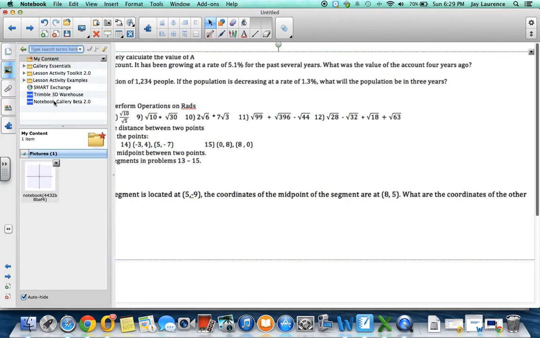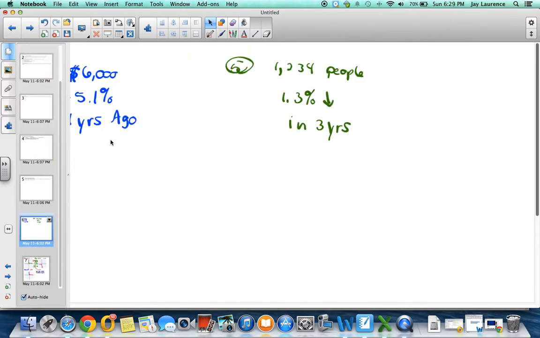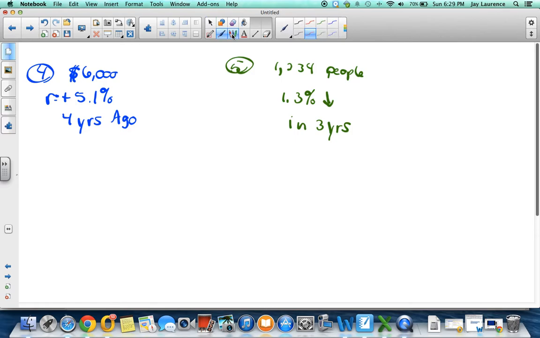Well, I have this problem set up for us. If I can just find it. There it is. So, problem number 4. $6,000, the rate is 5.1%, and 4 years ago. Remember, I'm going to use the equation A equals P times the quantity of 1 plus or minus R to the power of T. All right, so P equals $6,000.